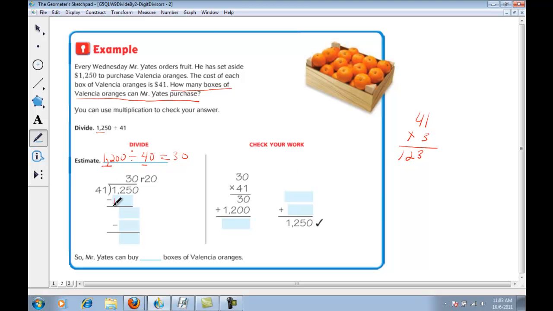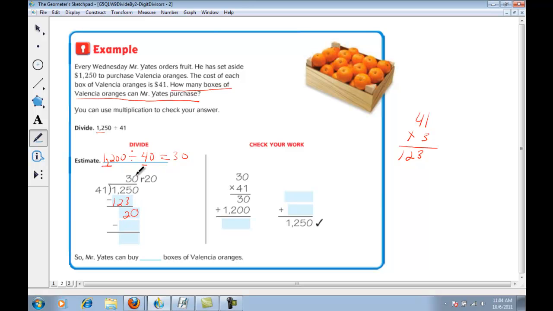and get 123. Now I used up 123 tens, which means I've got 2 left over, and I'm going to break that apart into ones to get 20 ones, because 2 tens isn't enough to make another group of 41. So now that I have 20 ones, can I make a group of 41 with 20 ones?